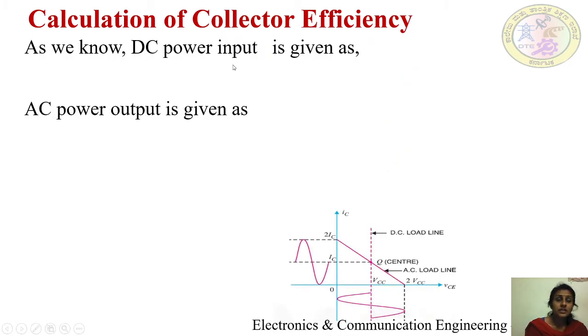As we know, the DC power input is given as PDC equal to VCC into IC, or it can also be written as IC square into RL dash.